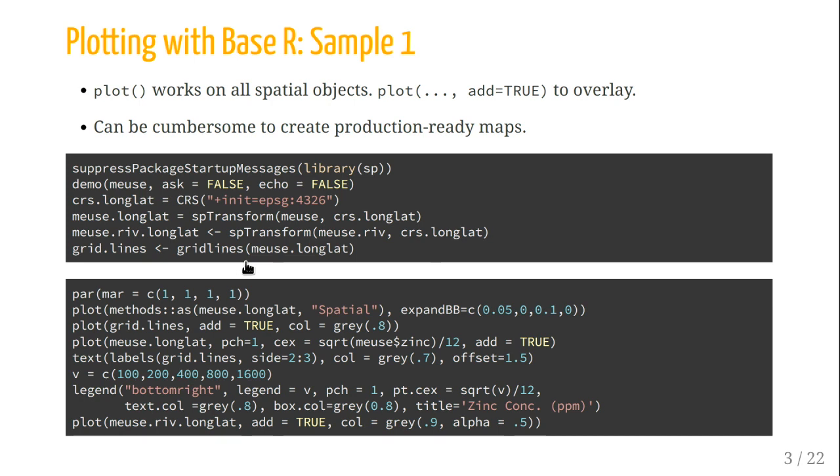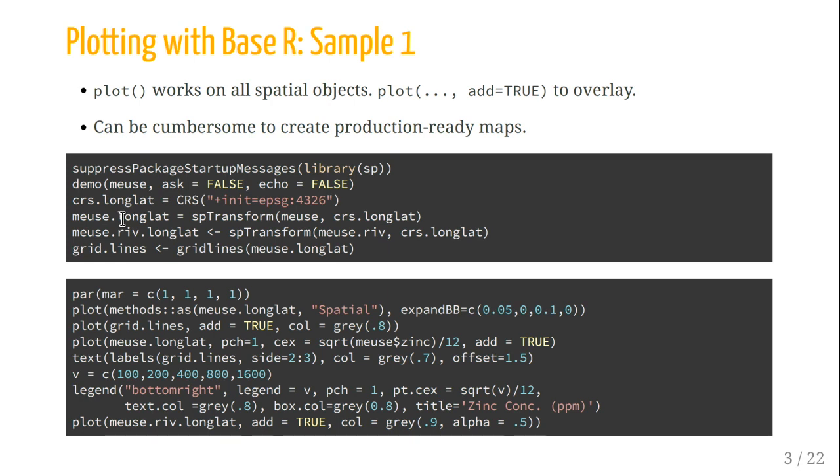So with that said, let's start with a simple base plotting example in R. Part one is data preparation, part two is the plotting. I'm not going to go over the whole thing, but I don't know if you can see the mouse. Okay, good. So this was essentially just creating the grid lines.